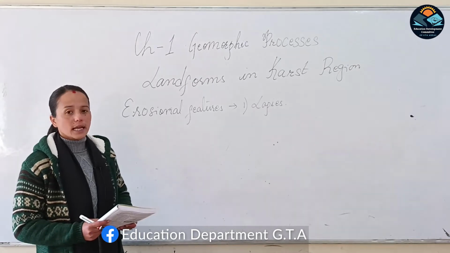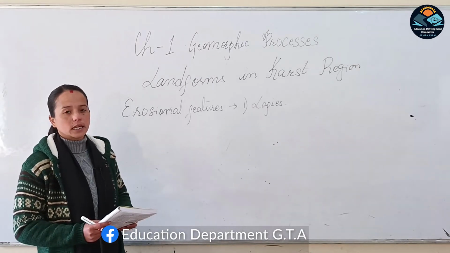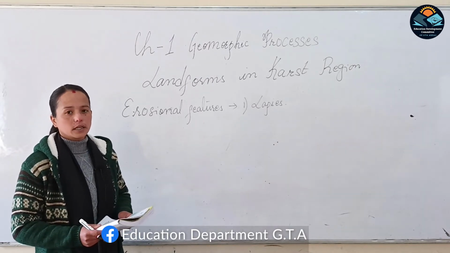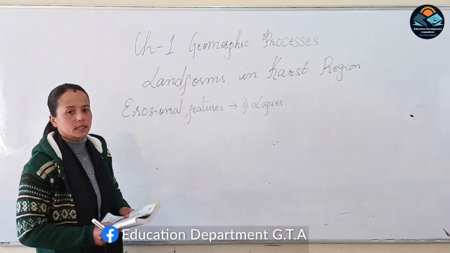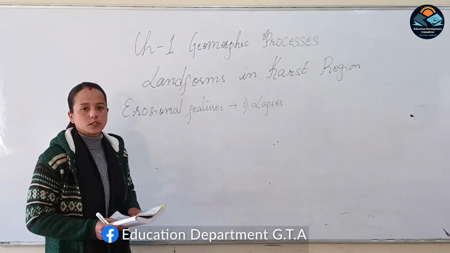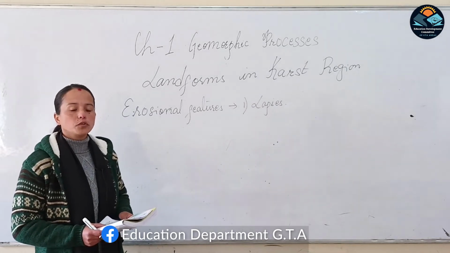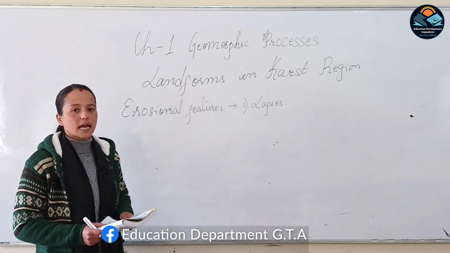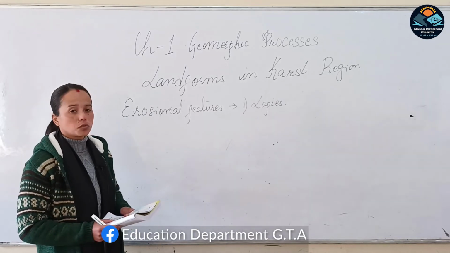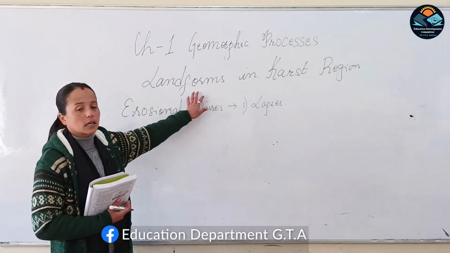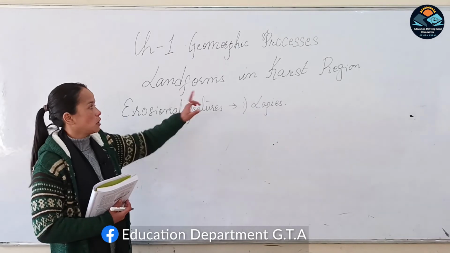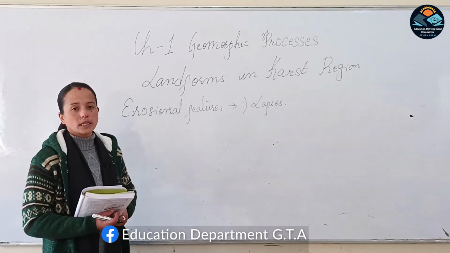When that carbonic acid goes into the limestone region, it will dissolve the limestone and form a beautiful landscape with many types of features, which is known as karst topography, or landforms in the karst region.